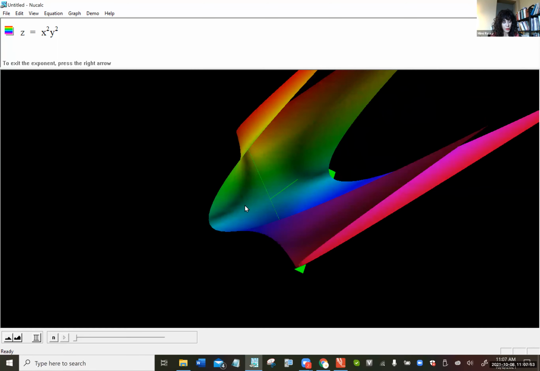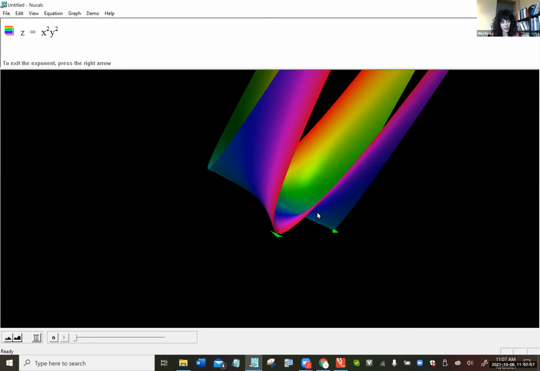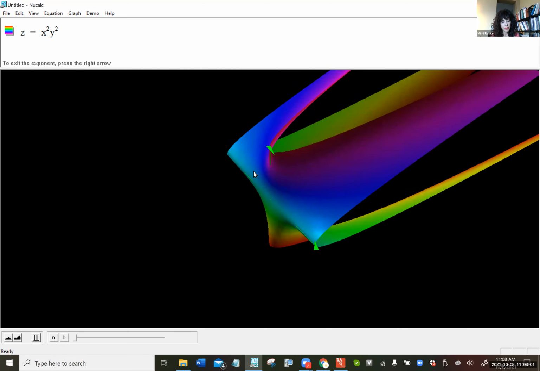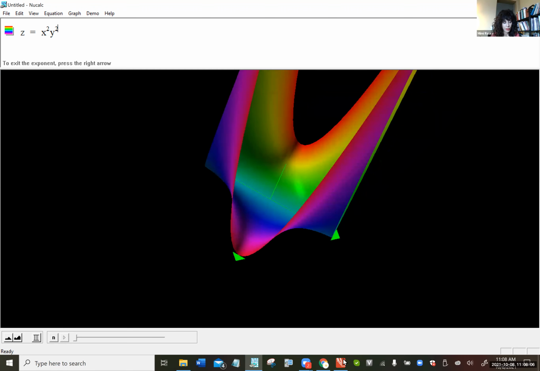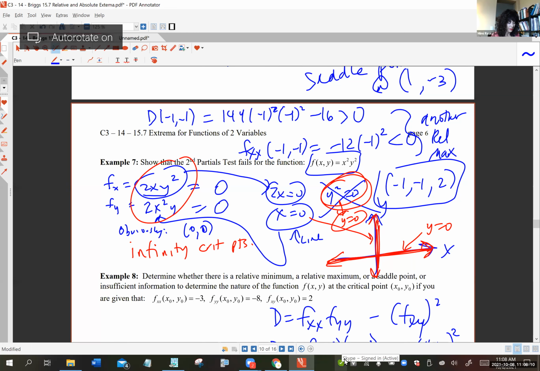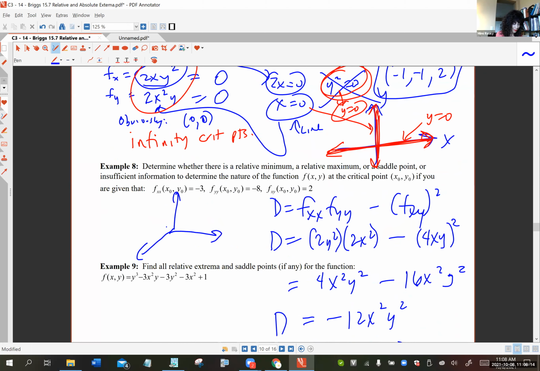Can you see that you have rain gutters along the x and y axes? I don't know if you could see that. I claim you have infinity relative minimums. Kind of hard to tell. So maybe what I can do is try to draw a portion of it. So here in 3D, along the x-axis, you have sort of a rain gutter happening there.